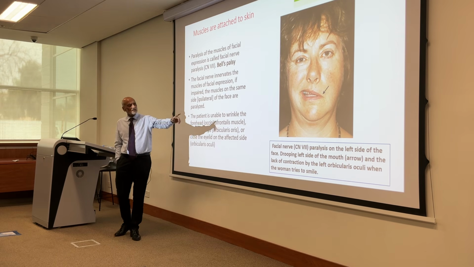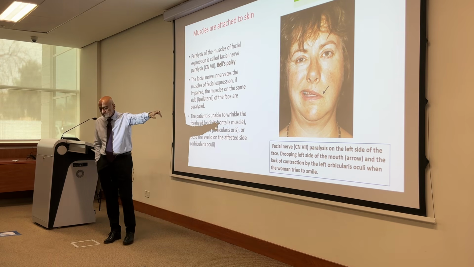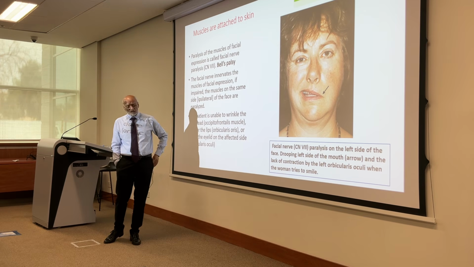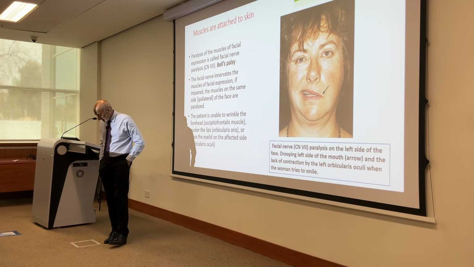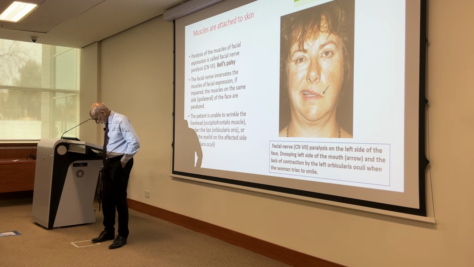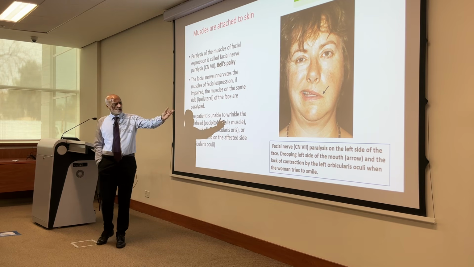And in this particular case, the muscle is attached to skin. And obviously when that muscle contracts, the skin will move. But in this case, the muscle is not contracted, it's paralyzed, or for a short while, it's paralyzed. And it's called Bell's palsy.